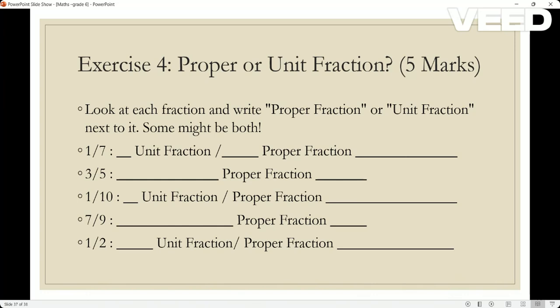The fourth one is only a proper fraction, and the last one is also both. In your exams, if they ask for only one, still remember to write the other one also.